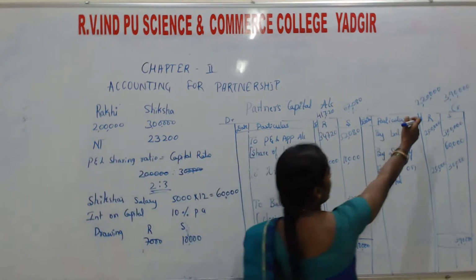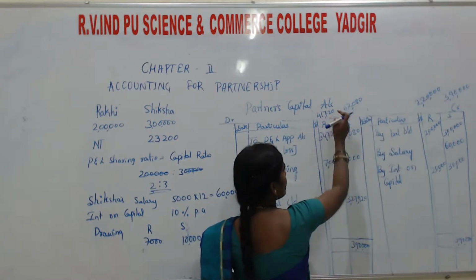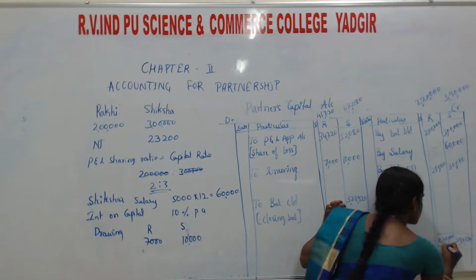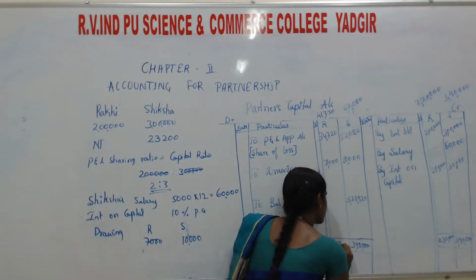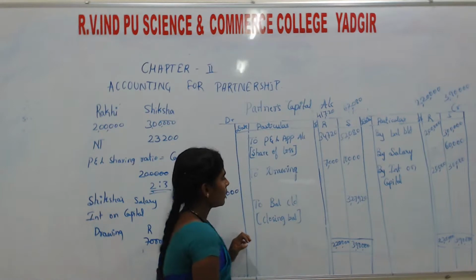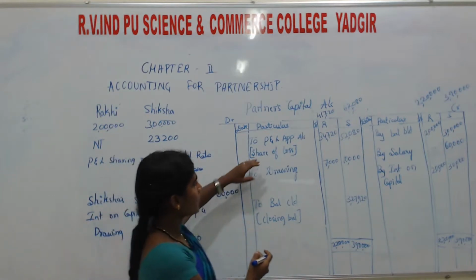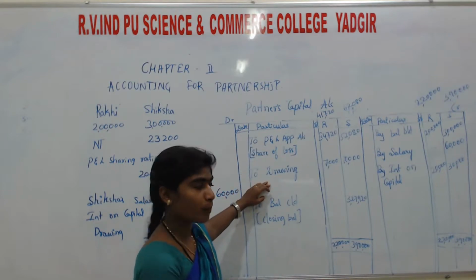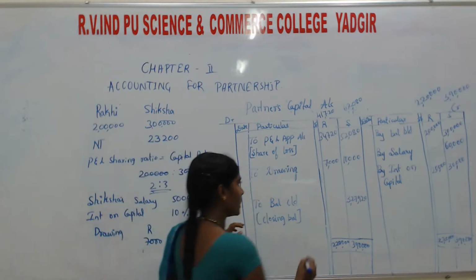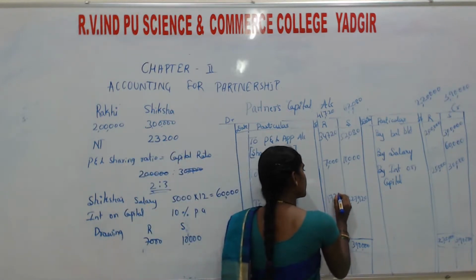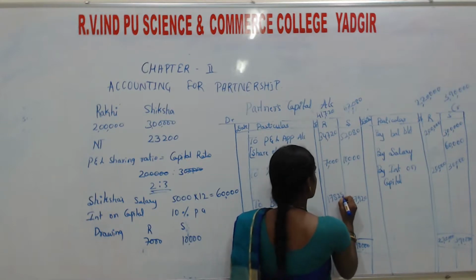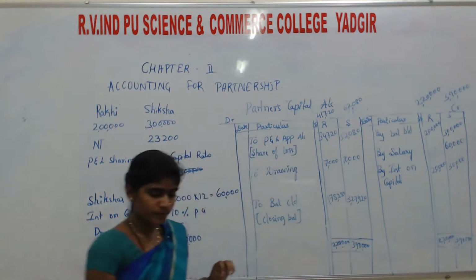See, 2,20,000 minus 41,720. After deducting the share of loss, then drawings, then also the firm has to pay rupees how much? 1,78,280. Okay.